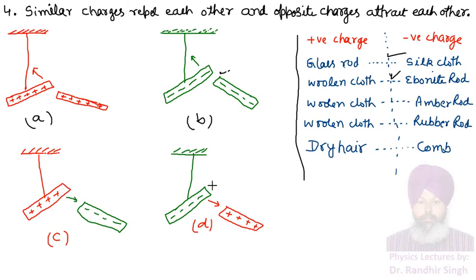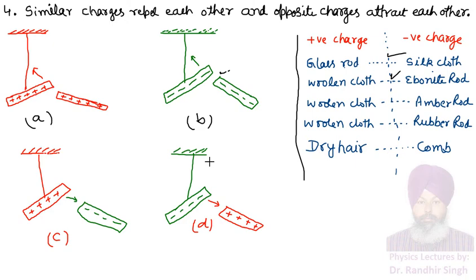Similarly, in figure D, we have a suspended ebonite rod, but now a glass rod is brought closer to its free end, and just as in activity C, the free end of the ebonite rod will be attracted toward the glass rod. So from activities A, B, C and D we can see that positive and positive charges repel each other, negative and negative also repel each other, while positive and negative attract each other. With this small activity, we can verify that similar charges repel and opposite charges attract.